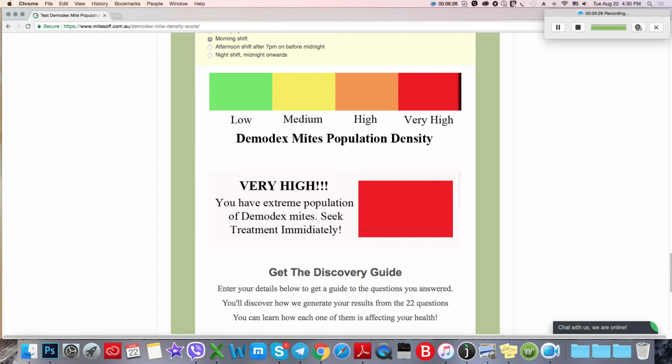But you'll see the minimum amount of mites you'll have is a low population density. Like I said, everybody has some mites. It's virtually impossible not to, unless you're using Ungex, of course. So from low to very high is basically the range.